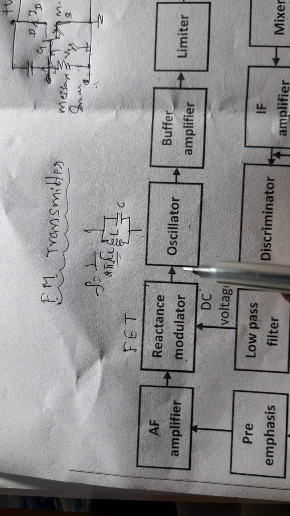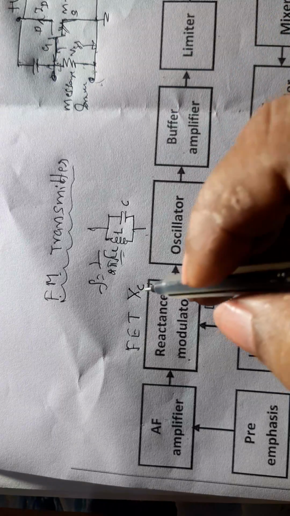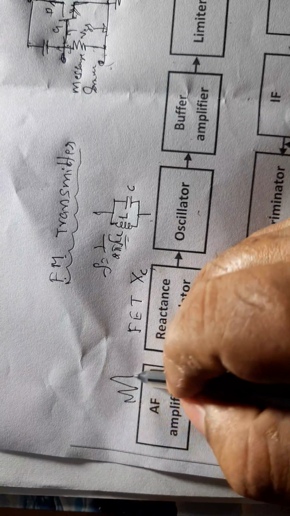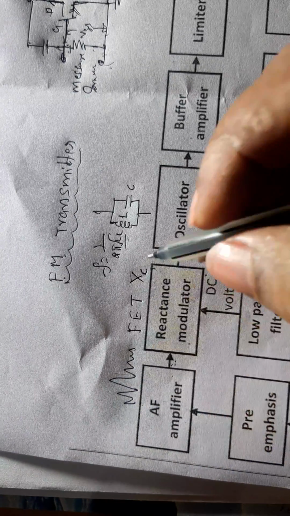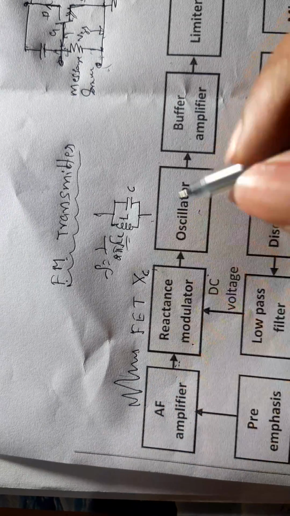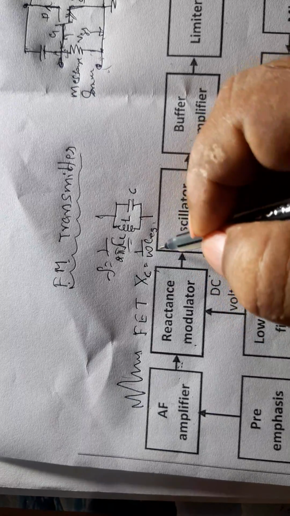The output will be capacitive reactance XC. I will call this XC. So this capacitive reactance X is directly proportional to the message signal, that is the amplitude of the message signal. And what is XC? It is 1 over omega C equivalent.